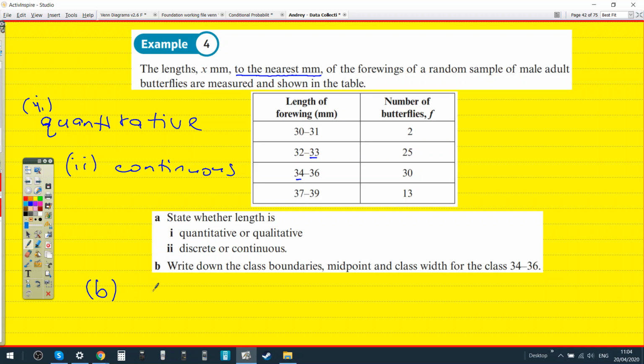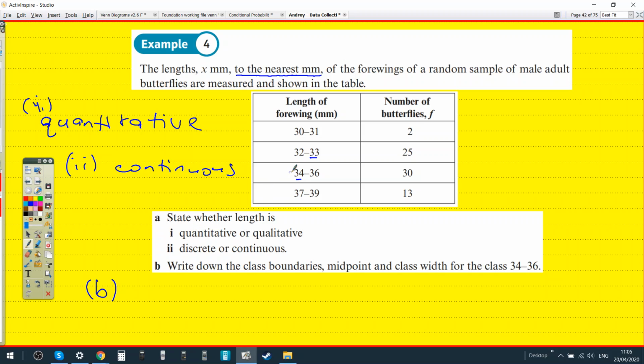I don't know, 33? 33 will round to 33. Nope. It's like bounds from GCSE, so it'll have to be a decimal. Is it 34.1? So that would round to 35.